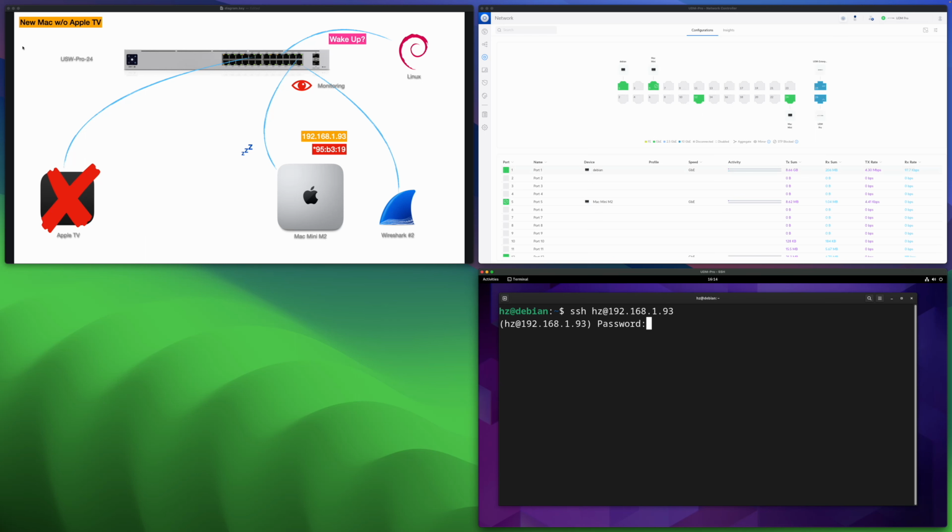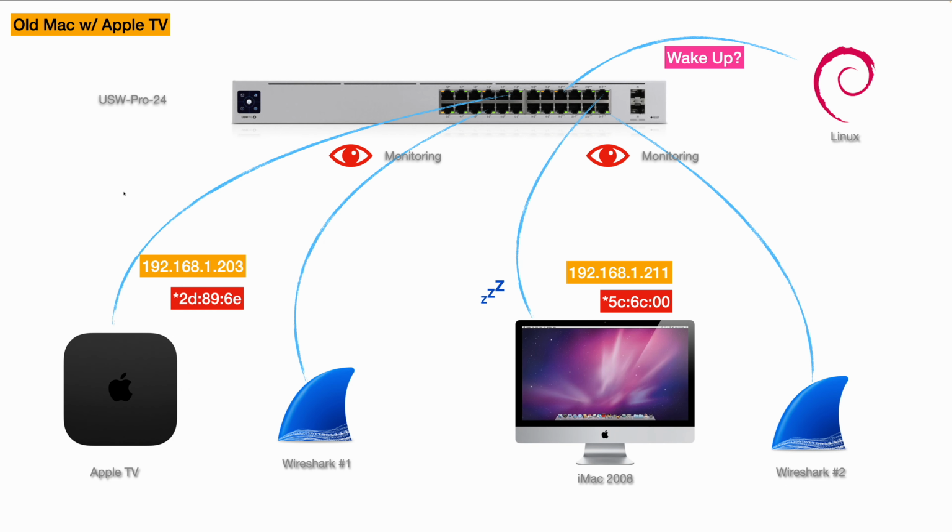Let's summarize what really happened. If you search the internet for Bonjour sleep proxy, you will always see, okay, you need either the very old Apple AirPort or Apple TV to act as sleep proxy so that your Apple device can wake up if other devices try to connect to it. Right?